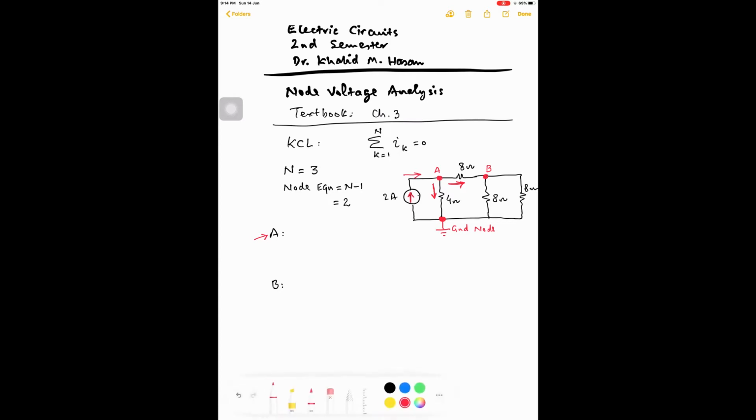Now, I will write node equation. So let us see what is this current. Current flowing from node A to ground node through 4 ohm resistance. Voltage across this 4 ohm resistance is VA minus the voltage at the ground node, which is 0 volt, divided by 4 ohm.